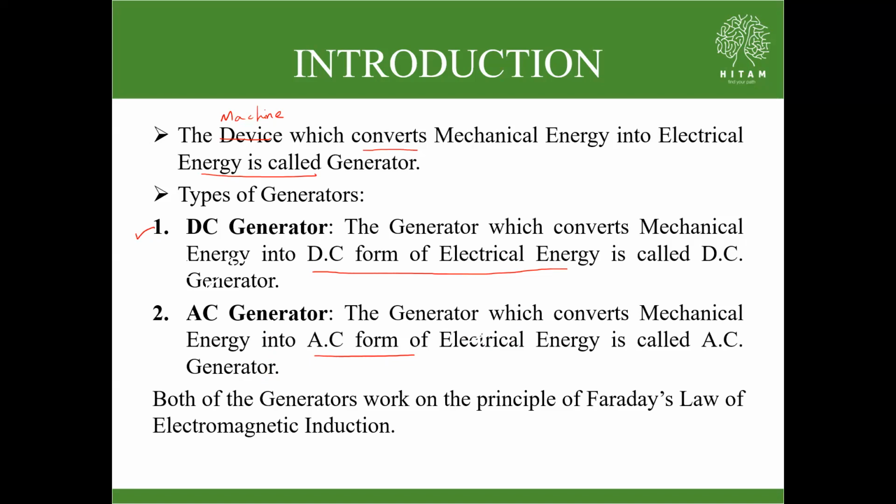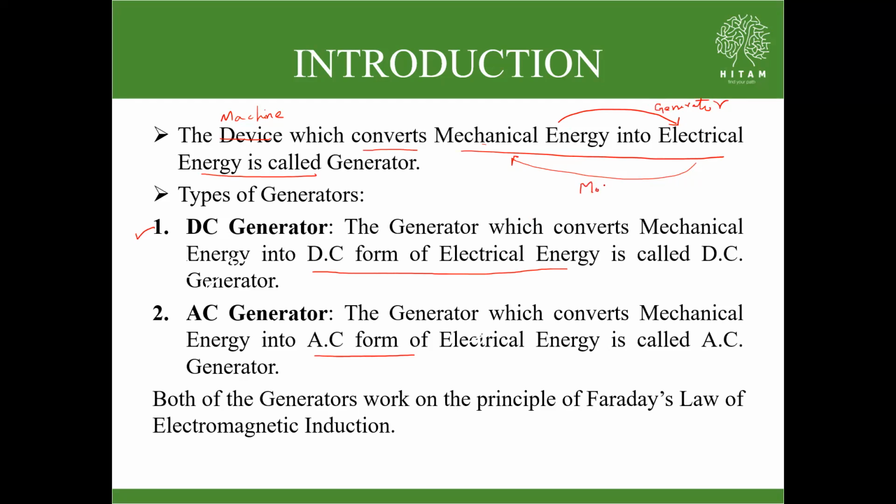Understood now? So either DC generator or DC motor. Motor in the sense it is a reverse operation. The generator is mechanical to electrical, whereas motor is electrical to mechanical.